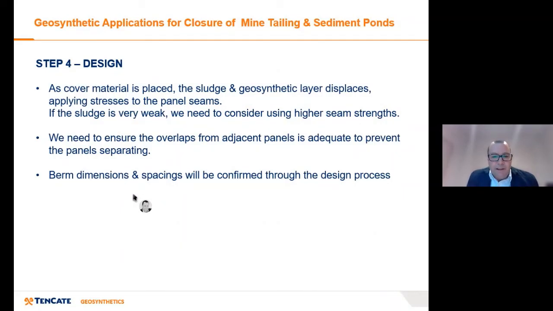Now, if the sludge is very weak, as the cover material is placed, you're going to get stresses along the seams. So the seam strength needs to be understood. And I mentioned before that factory seam strengths can get a higher result than in situ seaming. This is where you need to apply judgment.